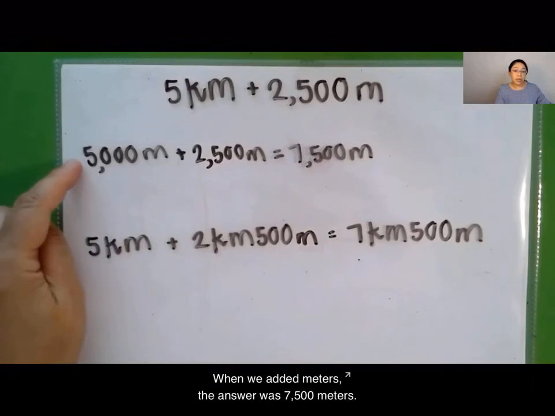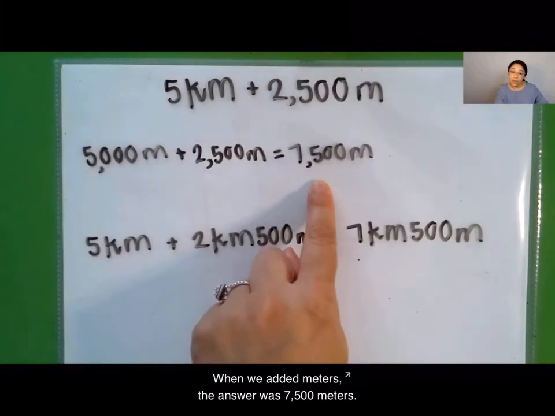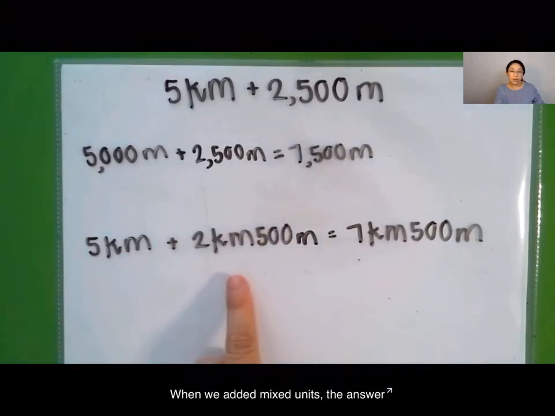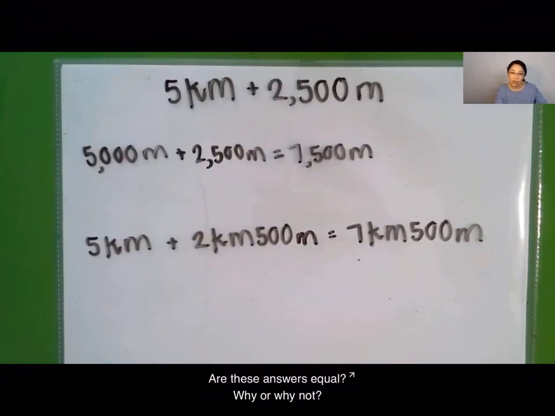When we added meters, the answer was 7,500 meters. When we added mixed units, the answer was 7 kilometers, 500 meters. Are these answers equal? Why or why not?